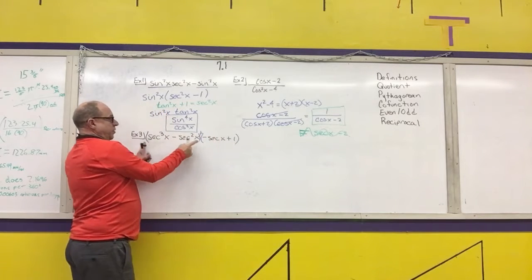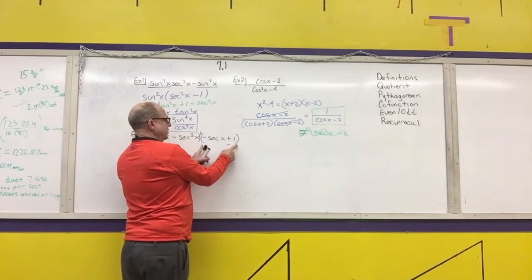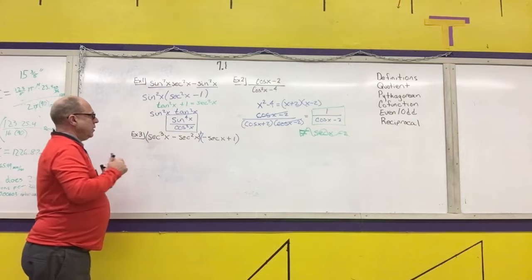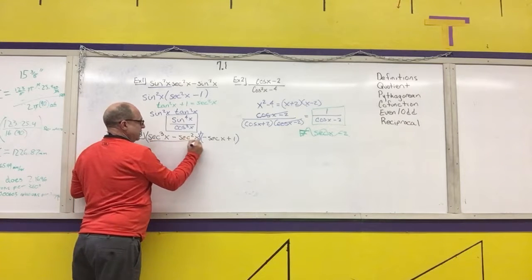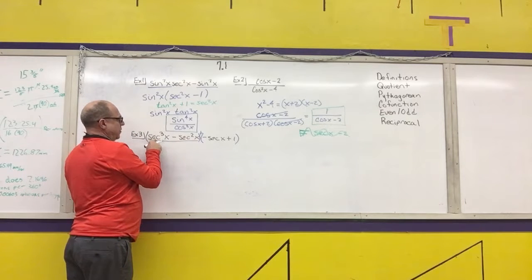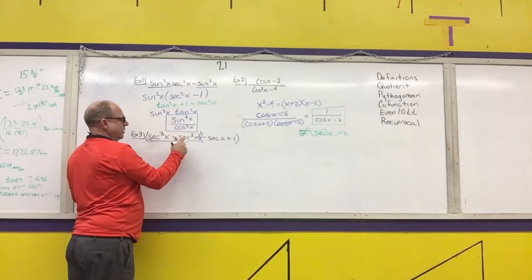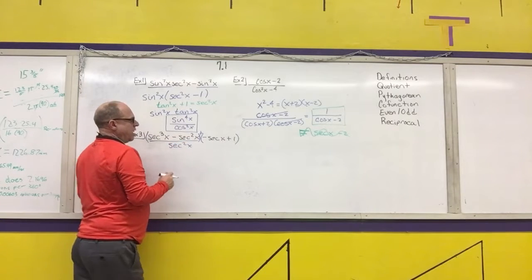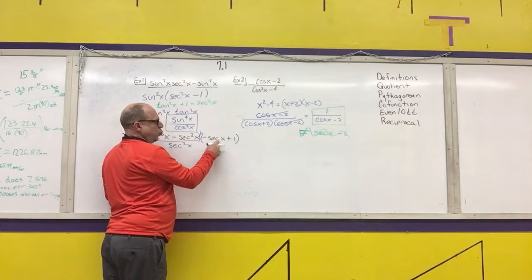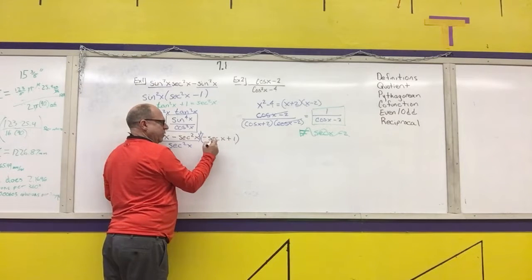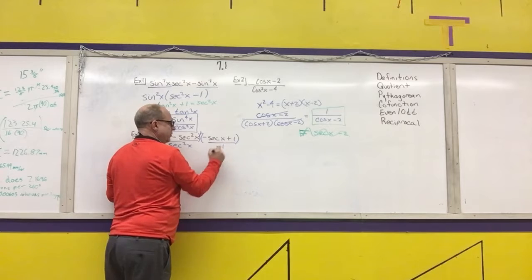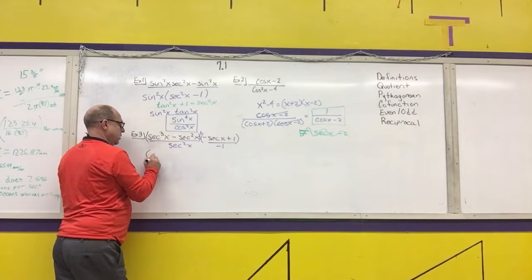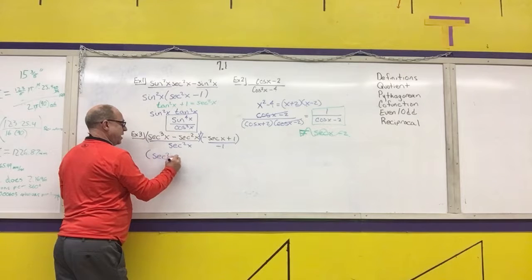You put parentheses around the first 2, parentheses around the last 2, a plus sign in between the 2. You figure out what the common factor is in the first group. Common factor between secant cubed and secant squared is secant squared x. You find the common factor of the last group, which is 1, but since there's a negative sign here, we're going to make that factor a negative 1. This is my first factor, which is secant squared x minus 1.